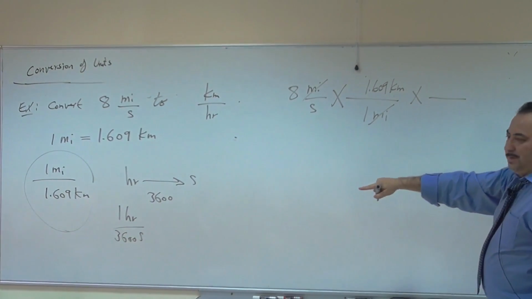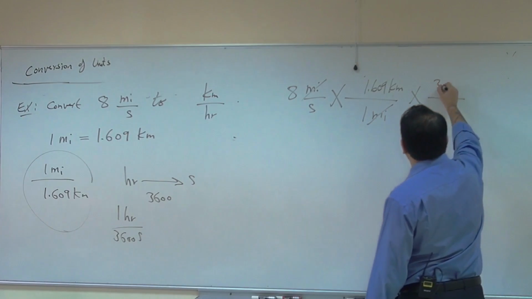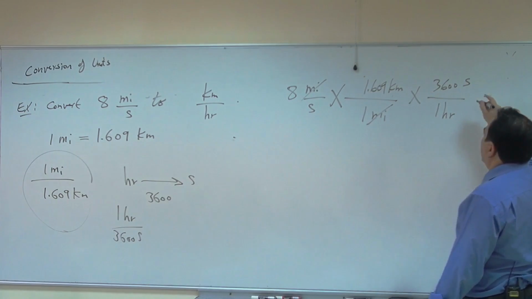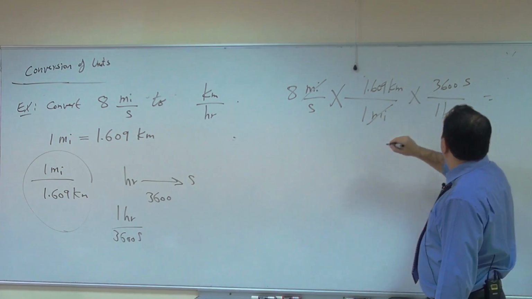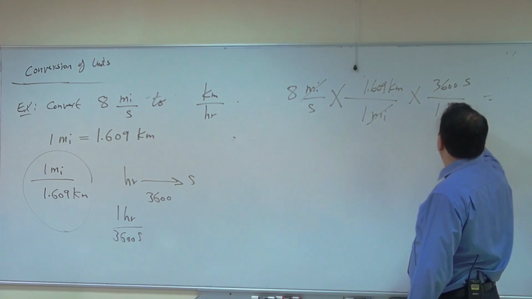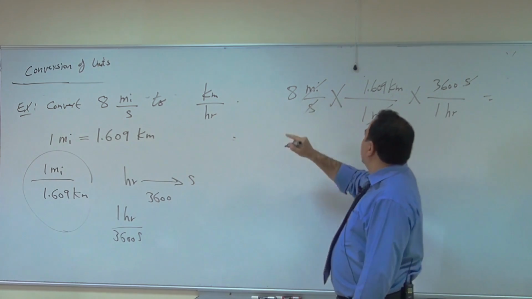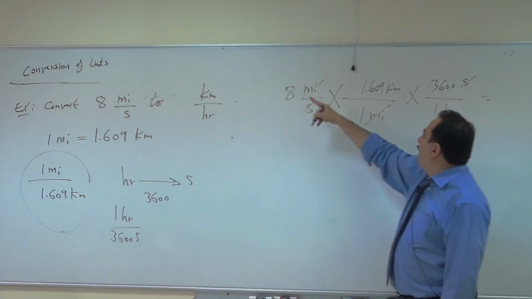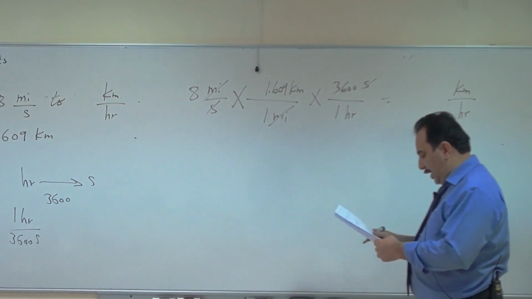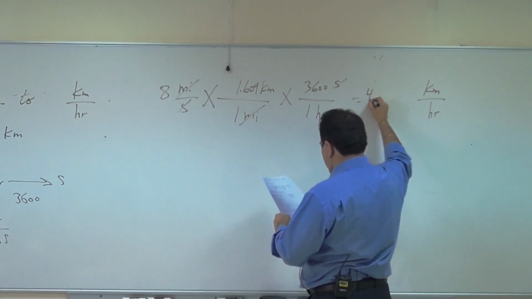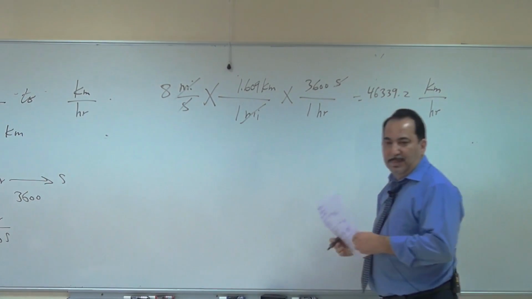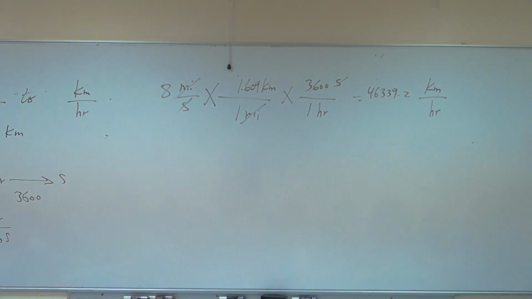So flip it because second is down as well. 3,600 second, 1 hour. Second with second. So what is left on the top is kilometer as a unit. Bottom, hours. And multiply 8 by this one. So your answer is 46339.2. Okay?